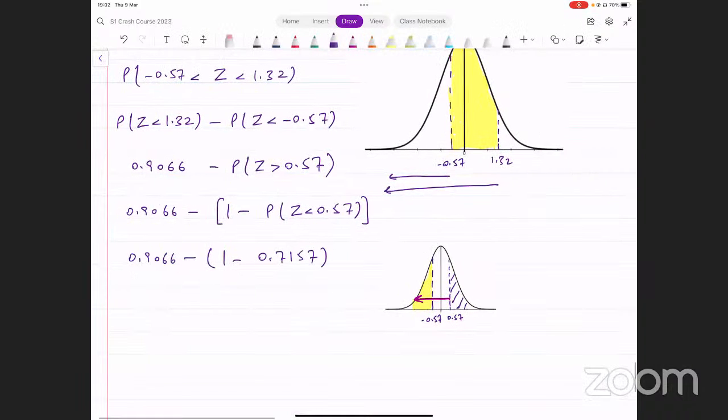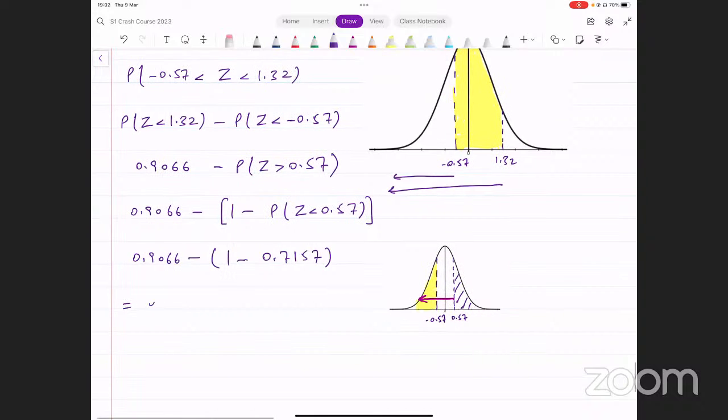Now you just have to evaluate this, and that will give you the result. 0.9066 minus 1 plus 0.7157, and that gives you 0.6223. That's the probability that we were looking for.